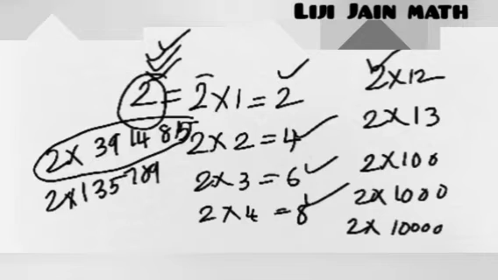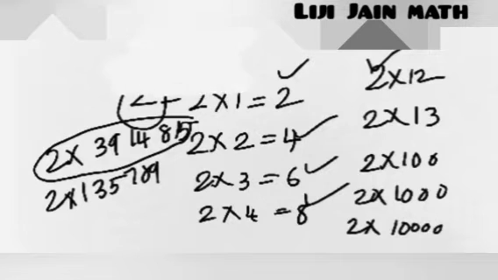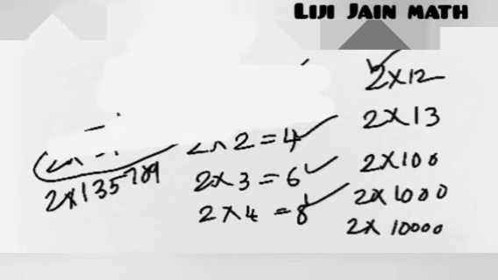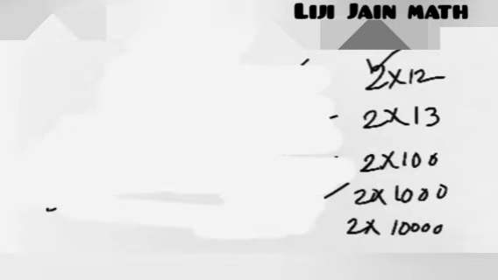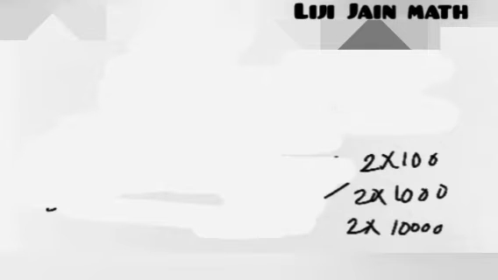Understood? That means a given number has only a limited number of factors and unlimited number of multiples. So the number of multiples of a given number are unlimited, and in maths we denote this with the term infinite.